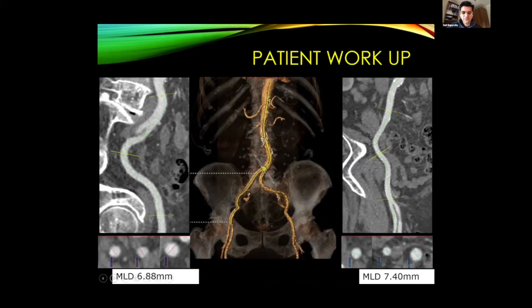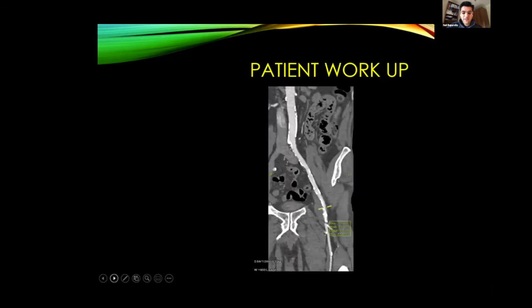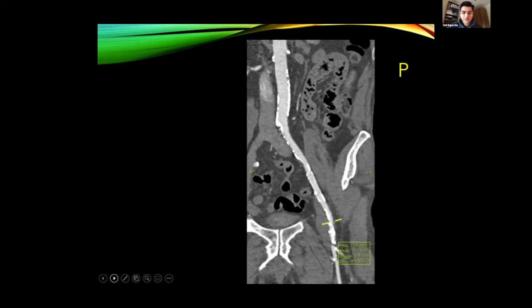Next slide. We can see here that this patient has significant calcium, and we can see that on the left side, that vessel is really not suitable for transfemoral access due to calcification and a small luminal diameter.